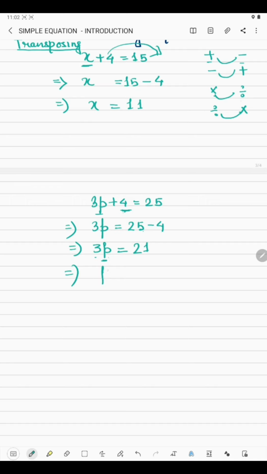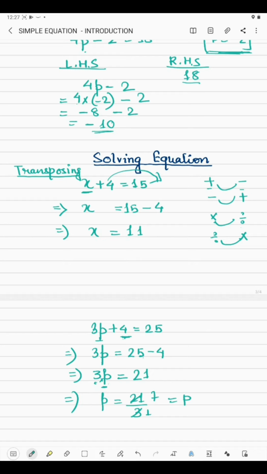To find the value of the variable p, you will have to write p alone, and 3 should be transposed to the other side. So 3 is multiplied by p, and after changing the side it will be division. So 21 will be divided by 3: 3 ones are 3, 3 sevens are 21. So the value of the variable p is 7.